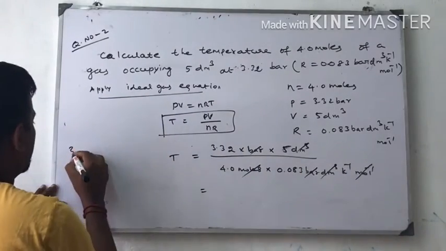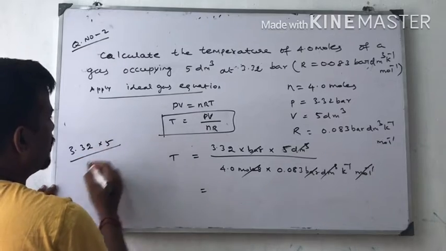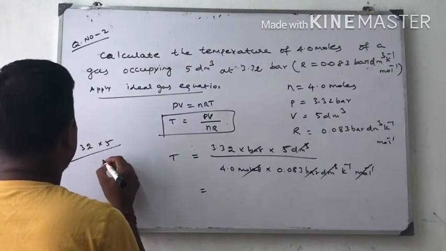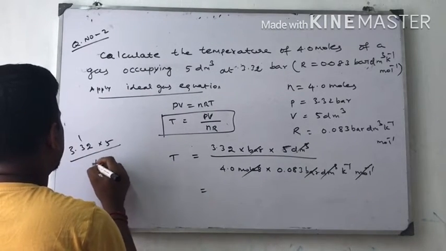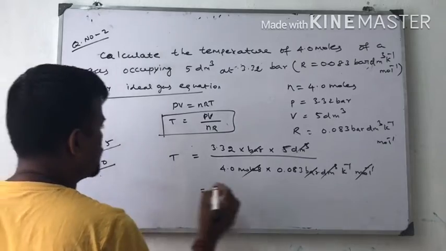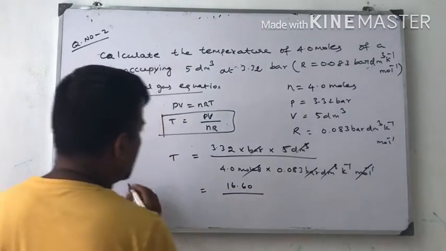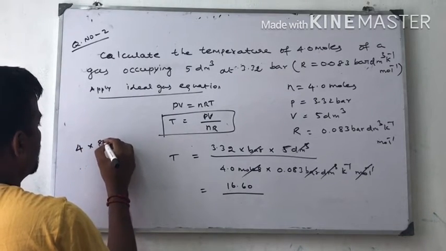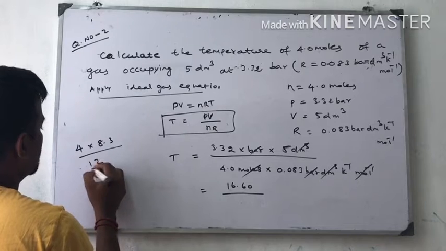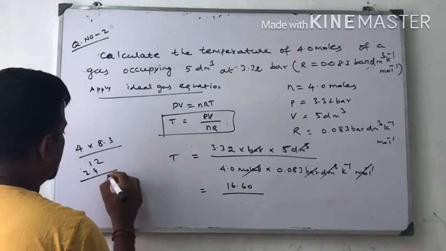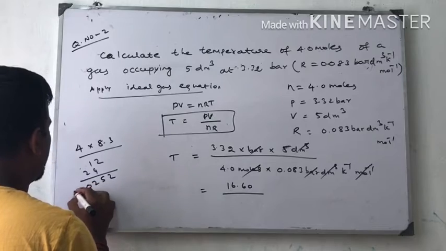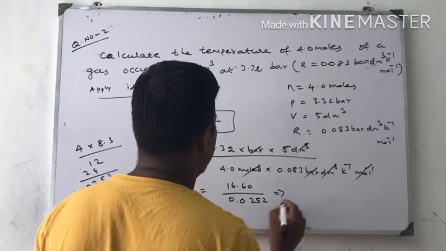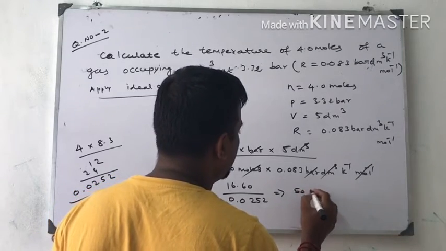And simplifying this, 3.32 into 5 is 16.60, divided by 4 into 0.083, which is 0.332, we get the answer of 50 Kelvin.